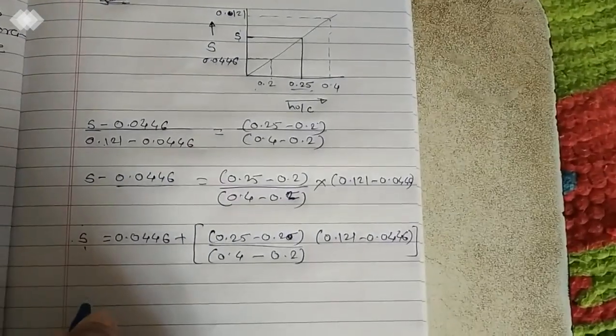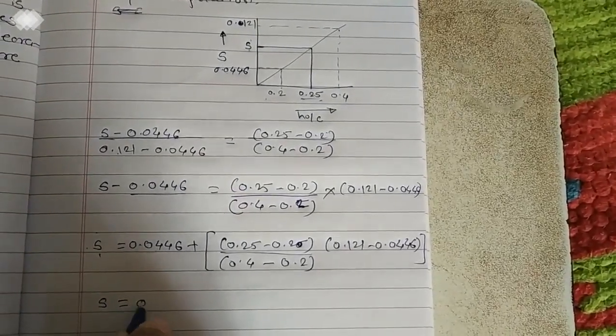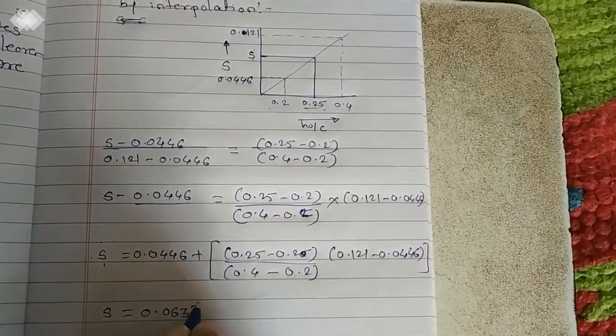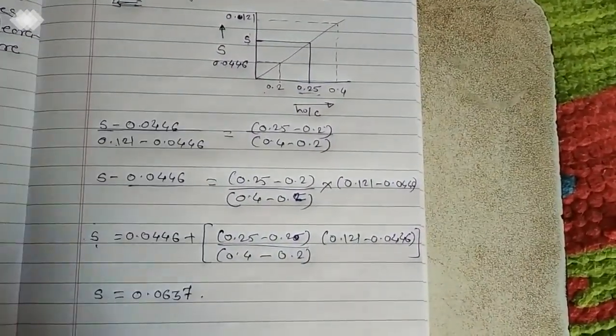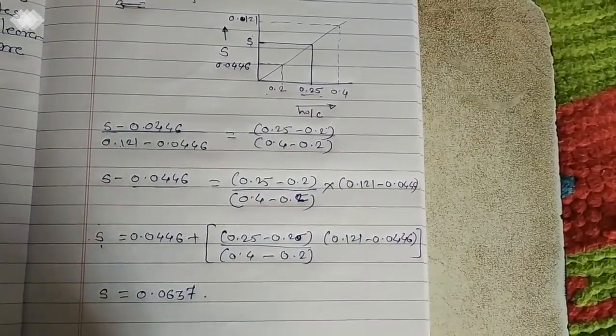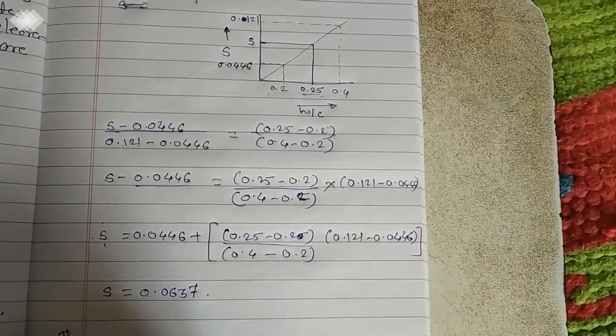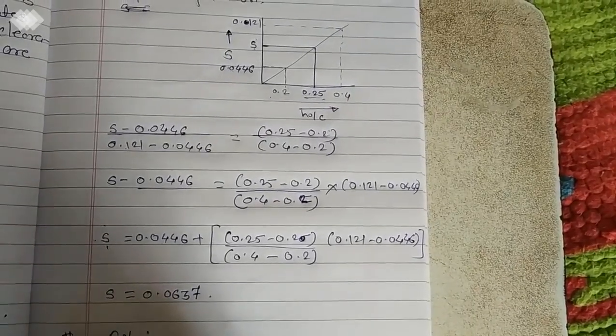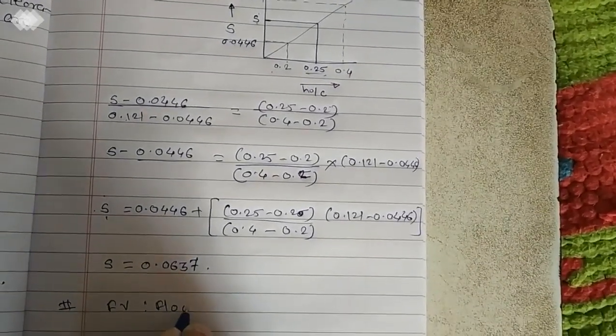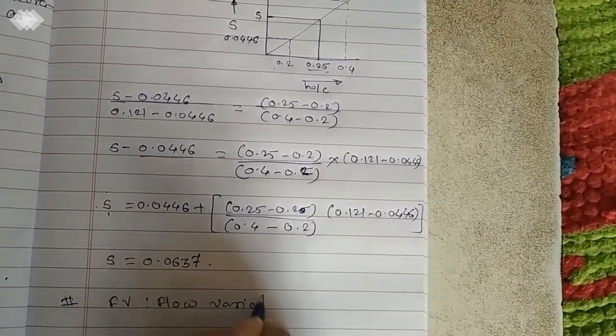So we get the Sommerfeld number is equal to 0.0637. Okay, again from the table we are going to find out FV, that is flow variable. So let's see the table.